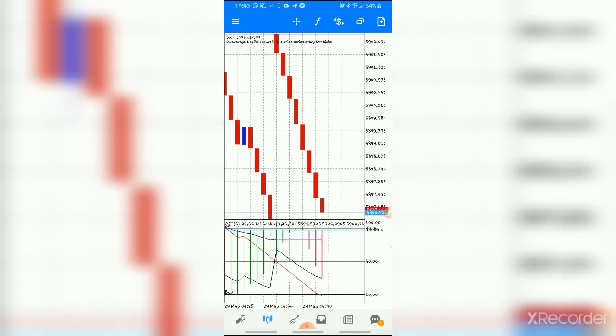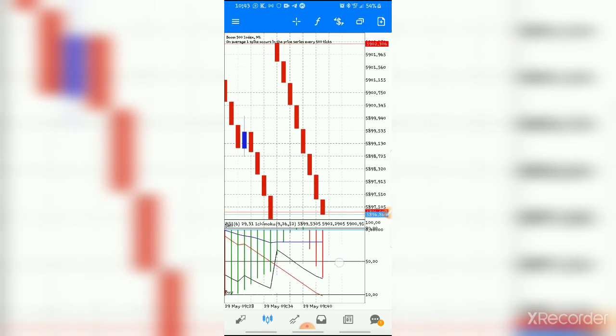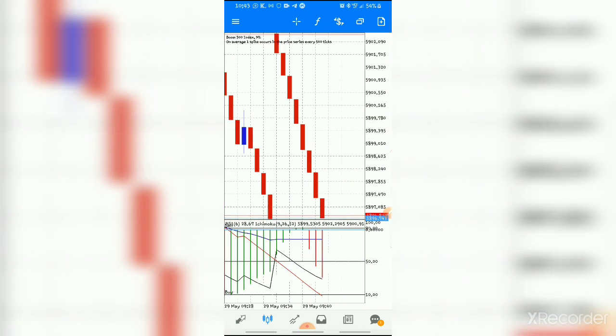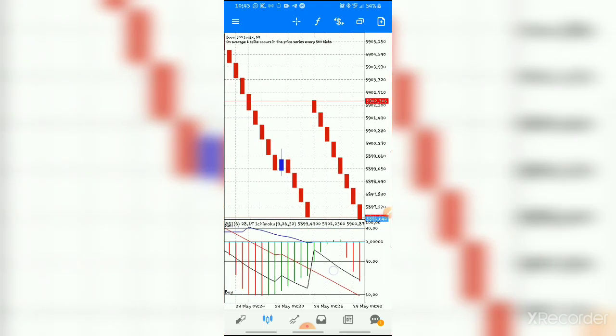If the strength of that trend is still high, for boom, the zero level of this accelerator oscillator, this light blue line here, will be above. At times you won't even see it, so it will be above. That means boom is currently on downtrend. So you have to wait for it to come down.